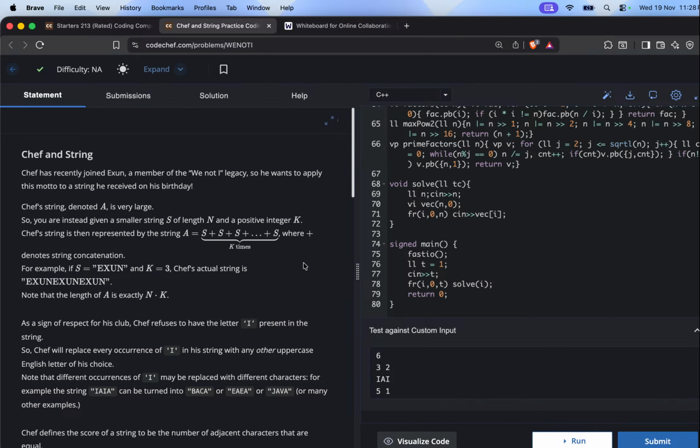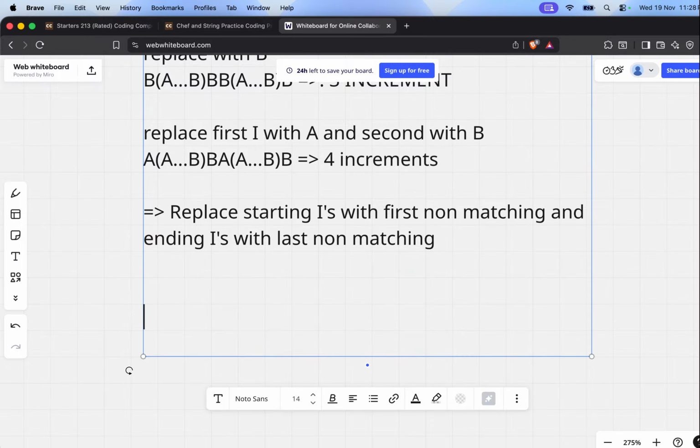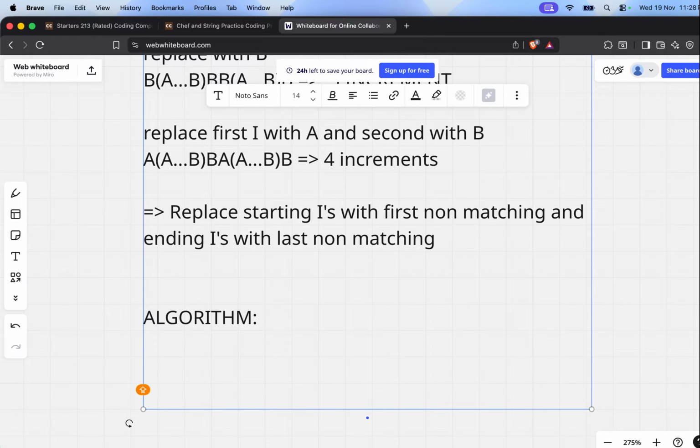So what should be our algorithm now? Replace starting I's with the first non-matching character.